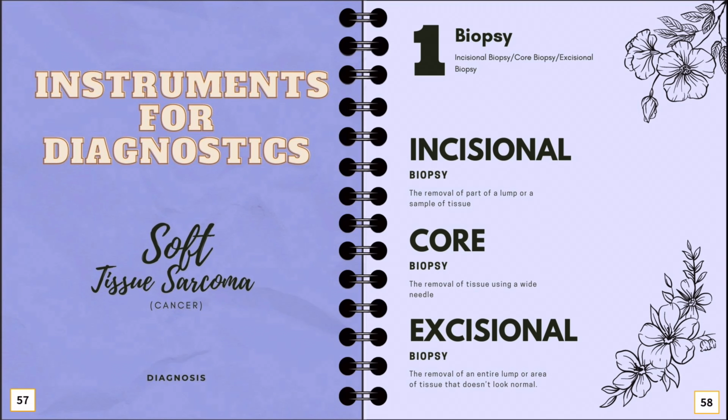In an incisional biopsy, a surgeon cuts into the tumor and removes a sample of tissue, and then that tissue is sent to the laboratory for further diagnosis. Next, core biopsy, or needle biopsy. In this procedure, a doctor removes a small sample of tissue from the tumor with a needle-like instrument.